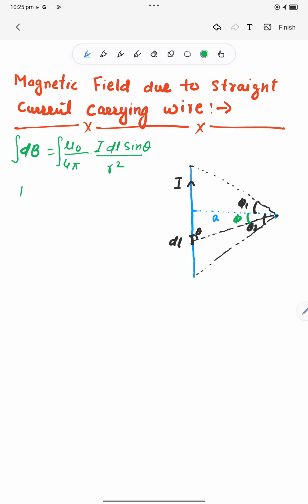So B equals the integration of dB, which is mu naught by 4 pi, and I is constant, and the remaining term, dl sine theta upon r square, is variable. To integrate it, we must convert all variables into a single variable, and that single variable will be phi.